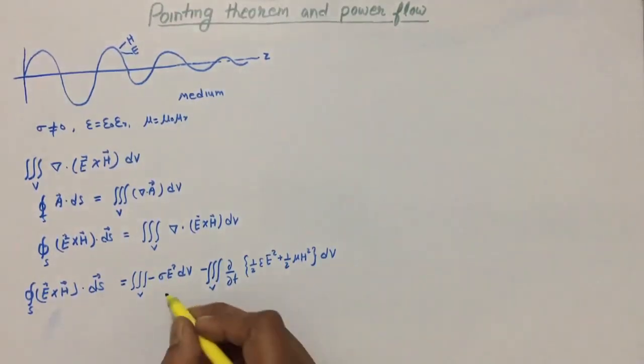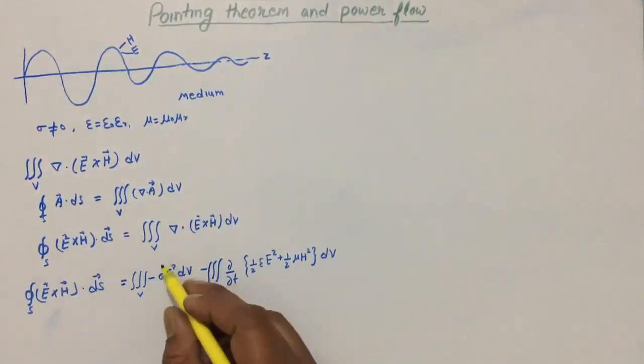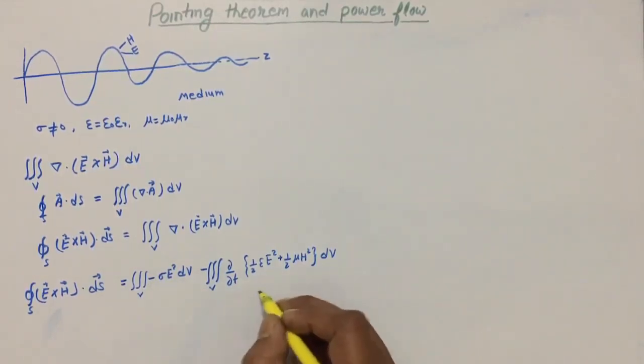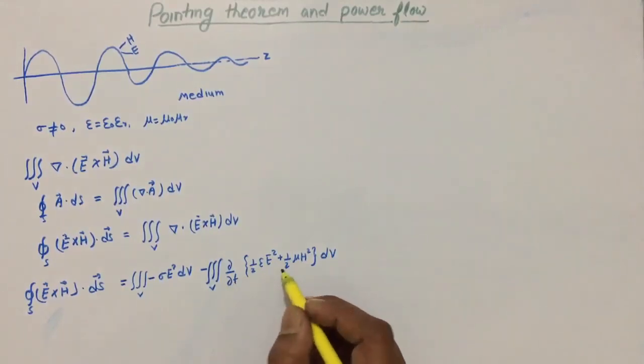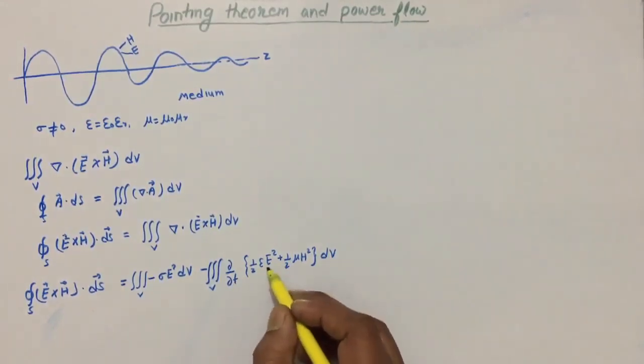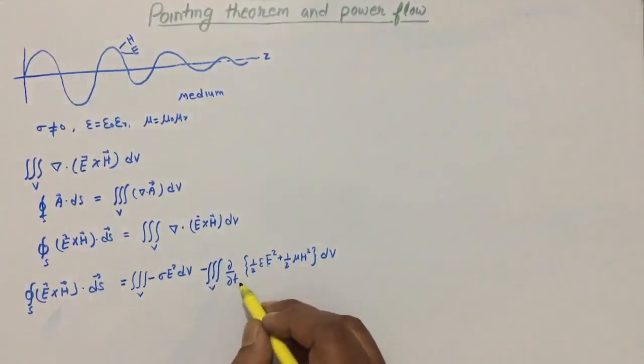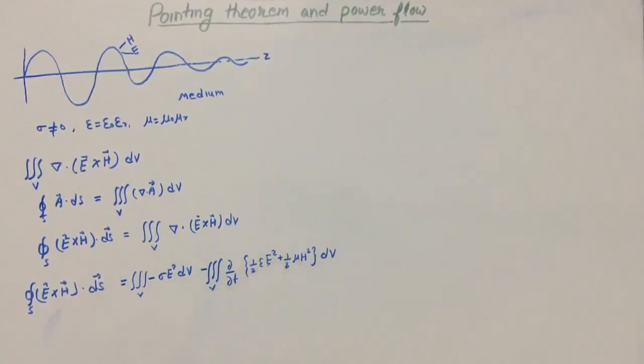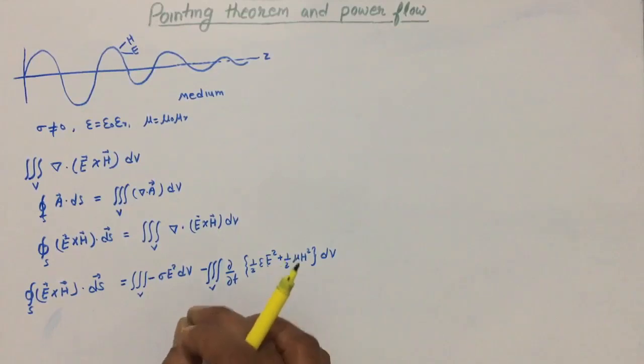From here, this is the power loss, or we can say power leaving the volume, and this is the rate of decrease of electromagnetic energy, or we can say power loss of the electromagnetic wave. So this total is the decrease in electromagnetic energy per unit time. So that is, we can say, power loss from a given volume.